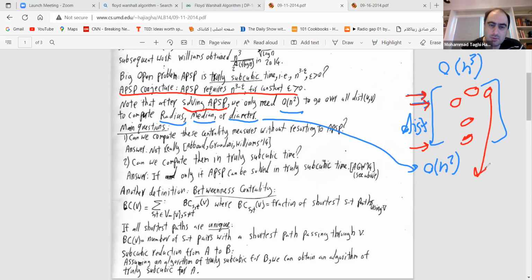The same thing you can do for median, because for median you just sum over all vertices. Of course, for diameter also, you just go through this matrix. So when you have this matrix computed, you just go through it once, and then you have all these measures: radius, median, or diameter.